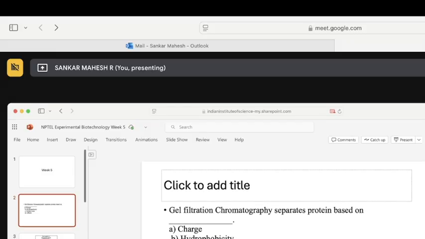Because it is 4 pi r square, if the radius is larger, then surface area will also be larger, so the molecule's size will be larger. So merely based on that mathematical relation, we could say that here gel filtration chromatography is based on surface area.